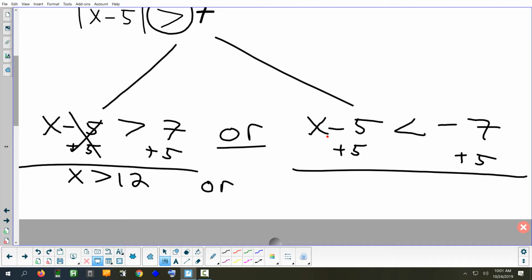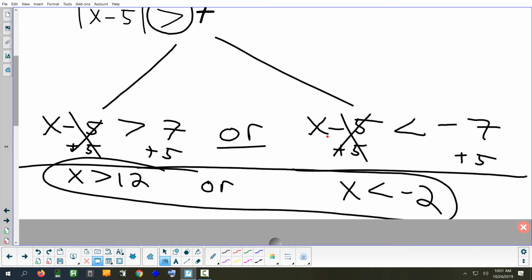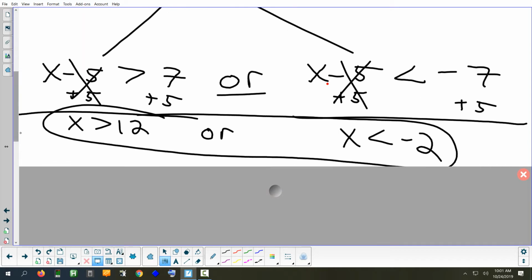What's negative 5 plus 5? 0. What's on the left side now? X. And what's on the right when I do negative 7 plus 5? Negative 2. So this whole thing is my answer. X is greater than 12, or x is less than negative 2. Any questions on those steps? Like why we did an or? How come it wasn't an and?